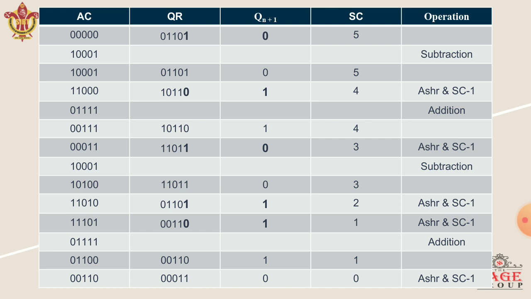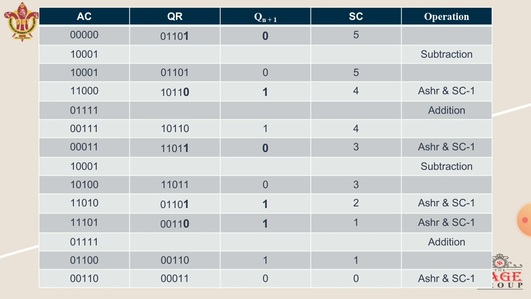Now again check the value of SC. Here SC is 1, so again follow the procedure and check the value of Qn and Qn plus 1, and we got 0 1.